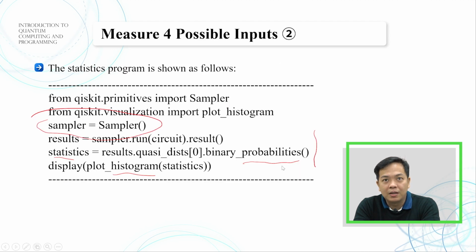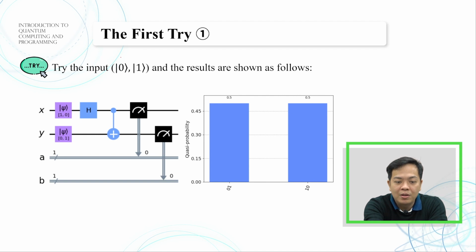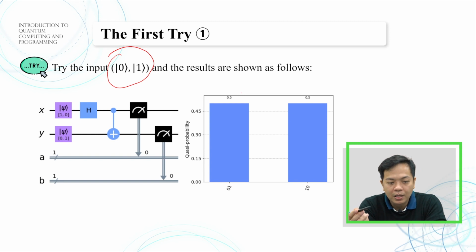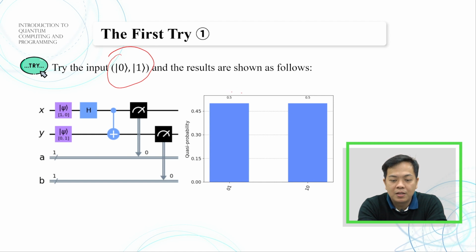But one thing: whether it's different or not depends on how you set the initial value. If you set the initial value the same as ours, the result probability may be the same. For example, for the input you give two values, qubit 0 and qubit 1. Over here the probability for 0 1 is about 50%, and 1 0 is 50%.